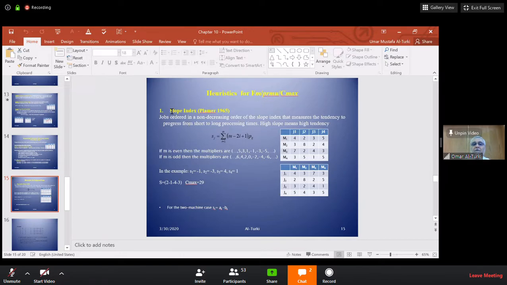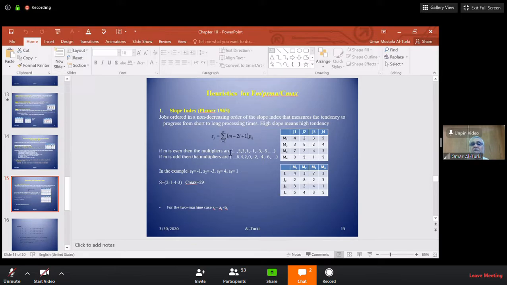The first one is what we call the slope index. It was suggested by Palmer in 1965, and it goes like this. For each job, we calculate the slope index. The slope index formula is here.